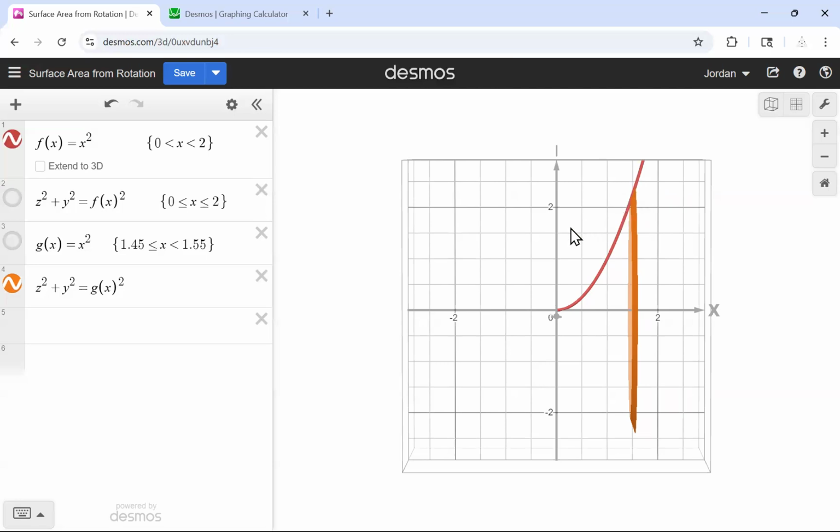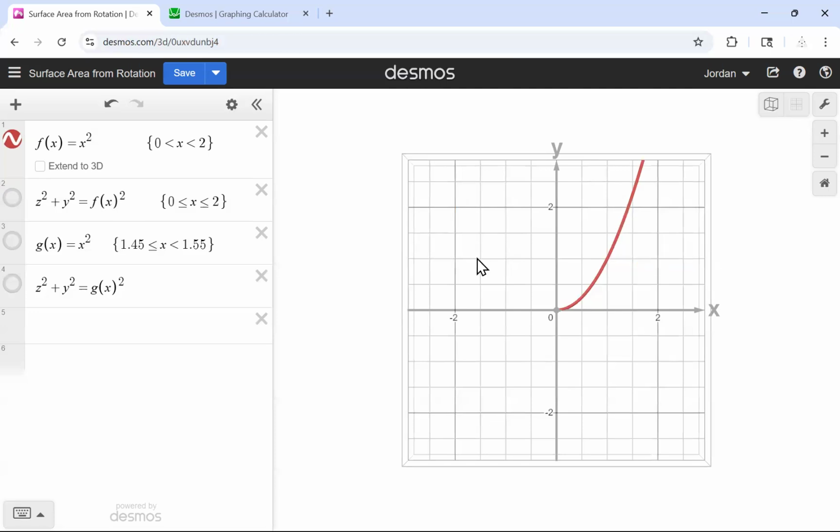And so when I am looking at this, those little sections will be approximated by slope of tangent lines, and I'll get an arc length formula embedded into my surface area.